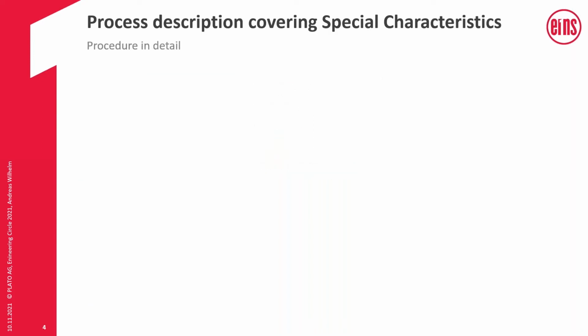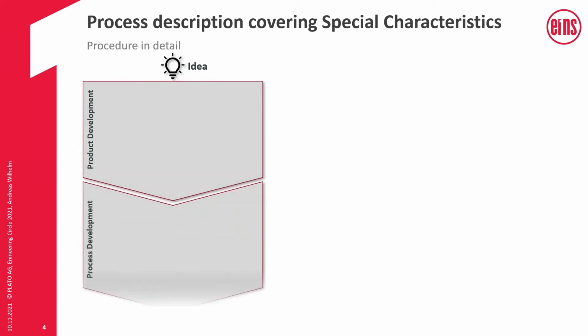And the idea in this standard is shown here on this slide. If you imagine a development process starting with the idea, then the product development, then the process development, and at the end the production of the product and delivery to the customer, then the standard recommends to think in filters.